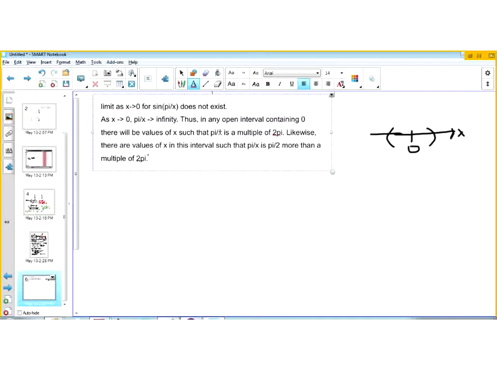Okay, so I can find a value of x in this interval such that pi over x is equal to, say, 7 pi over 2 or 11 pi over 2. Convince yourself that that's the case.